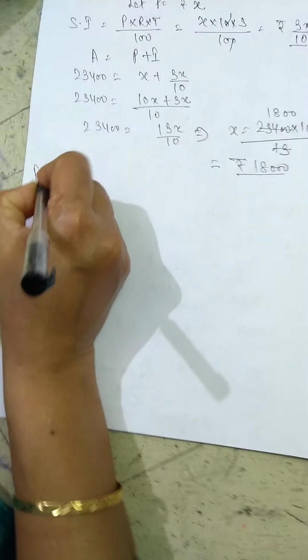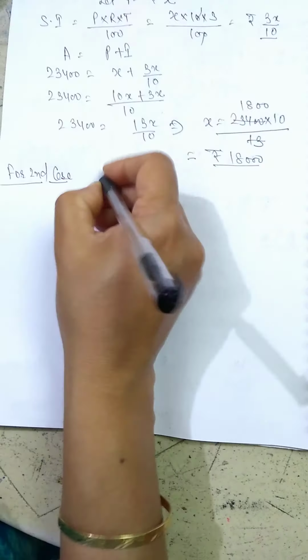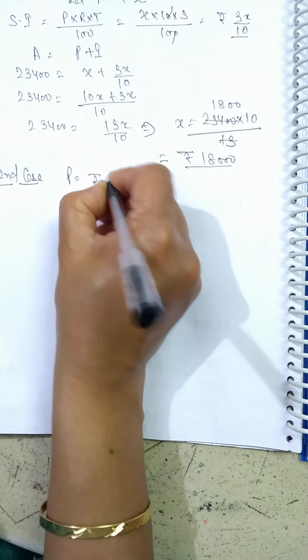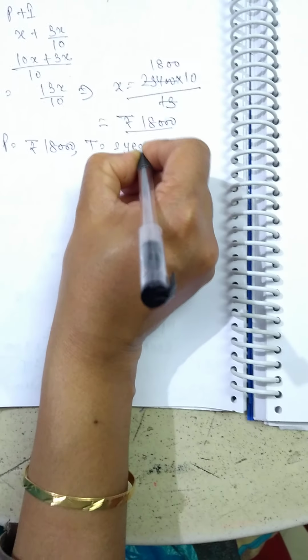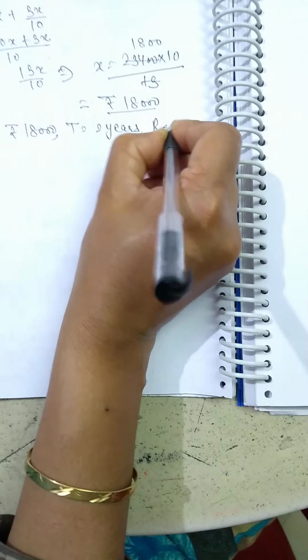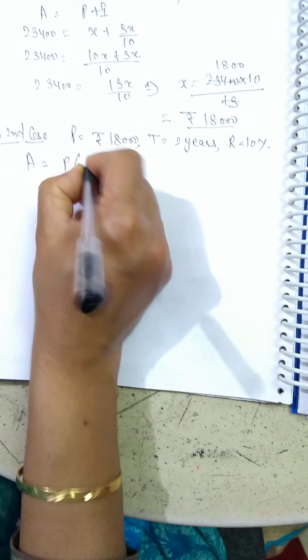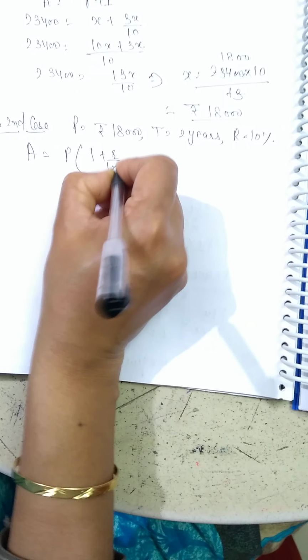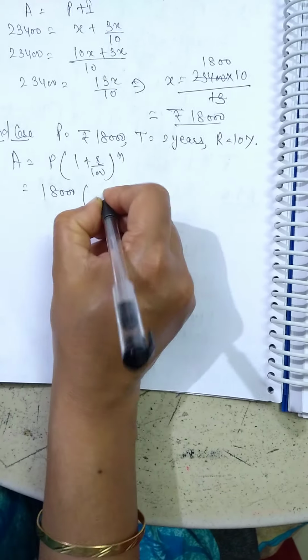Now for second case, principal is rupees 18,000, time 2 years, rate is 10%. Apply the formula for amount. Put the values.